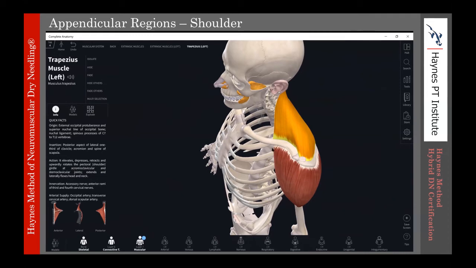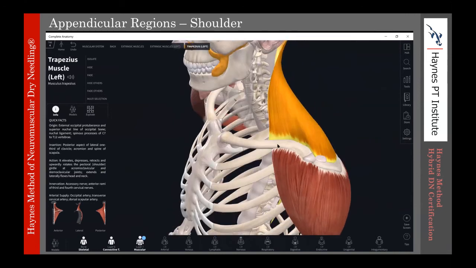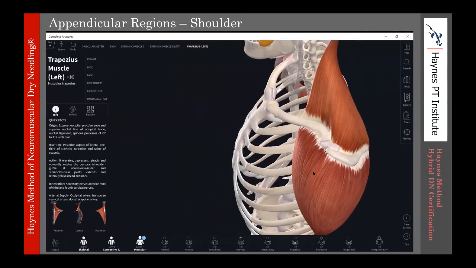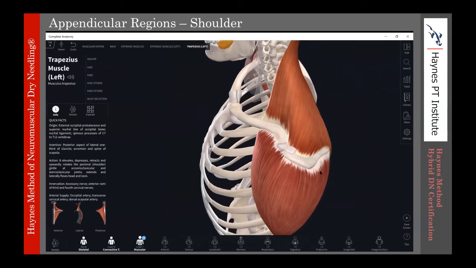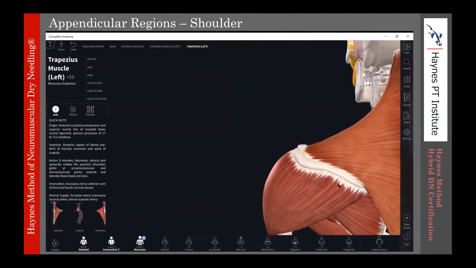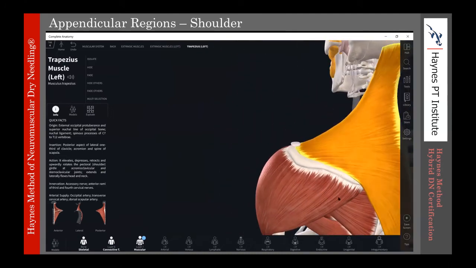The pec major will line up very closely to the most medial aspect of anterior deltoid. The orientation or the attachment of upper trapezius and the deltoid also shares a very similar footprint.